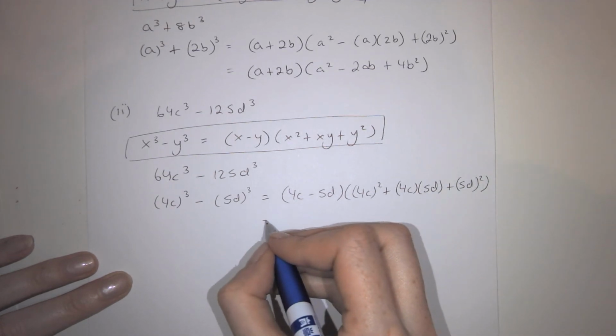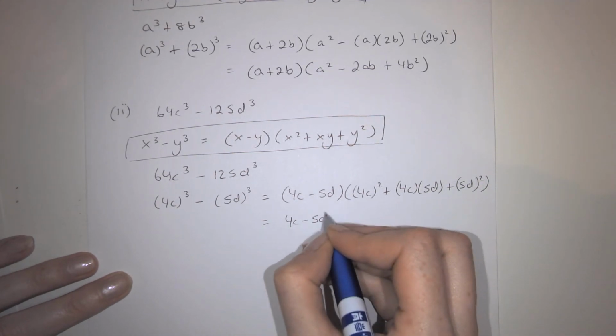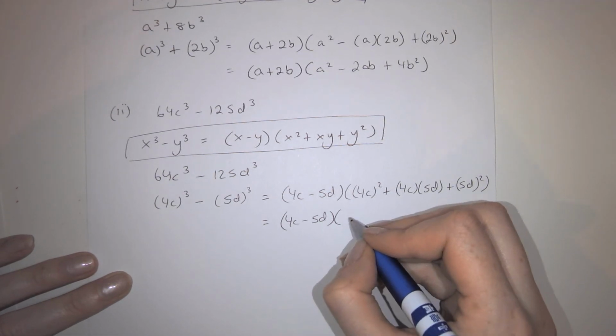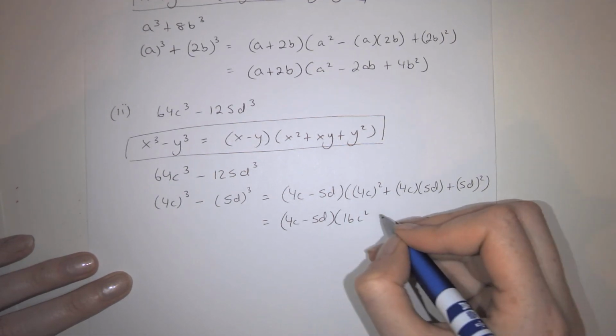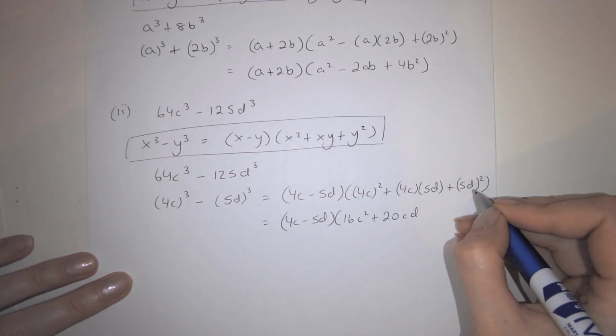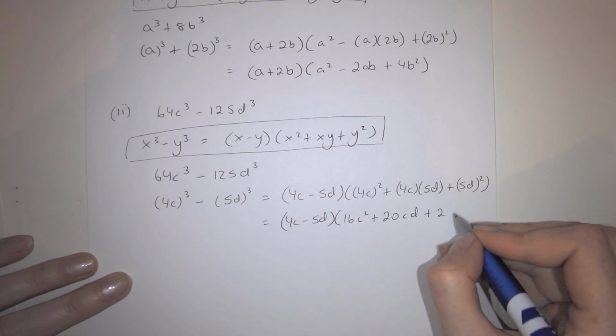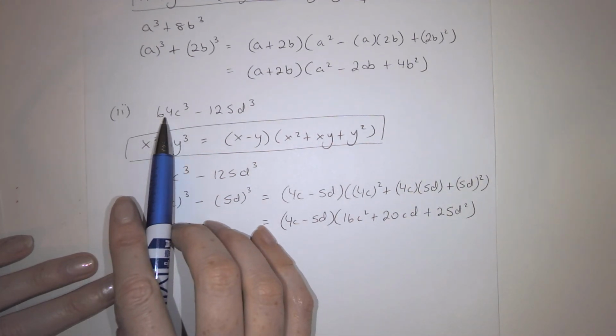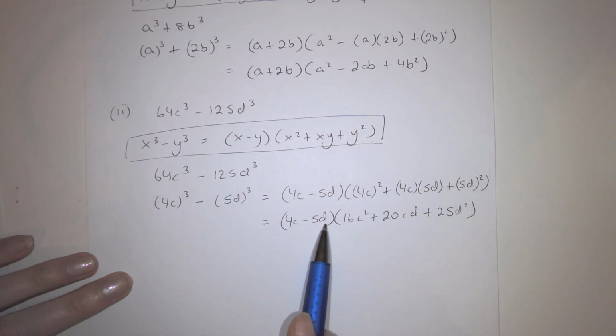Again, tidy that up. You've got 4c minus 5d, nothing happening there. 4c squared is 4 by 4, which is 16c squared, plus 20cd, plus 5d by 5d, which is 25d squared.